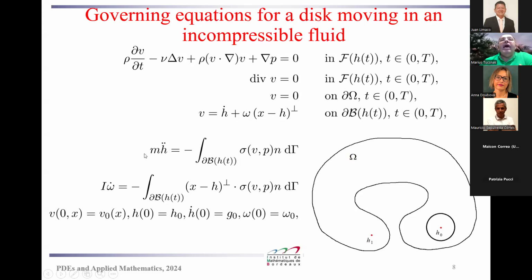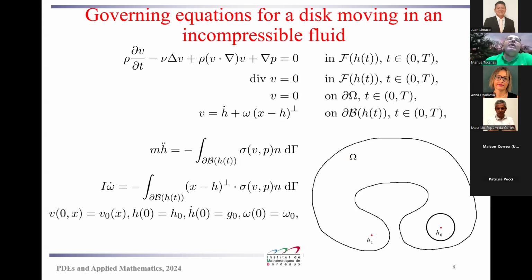Then I have the balance of linear and angular momentum for the solid. So mass times acceleration of the solid is equal to the sum of the stress vectors, sigma of V and P, is the stress tensor in the fluid.